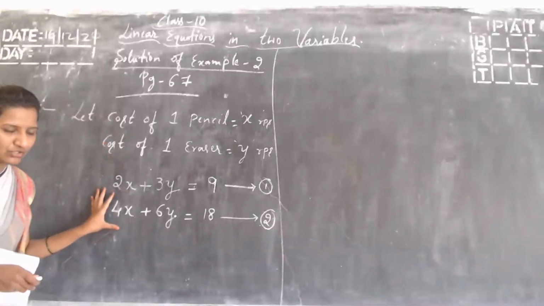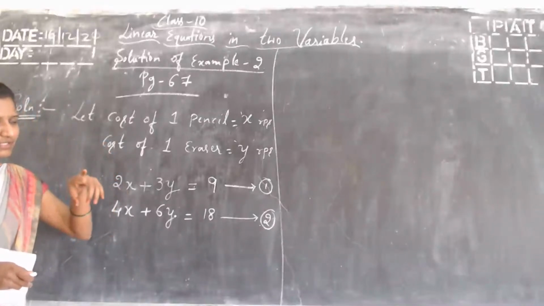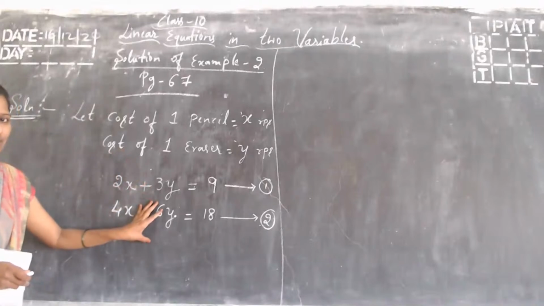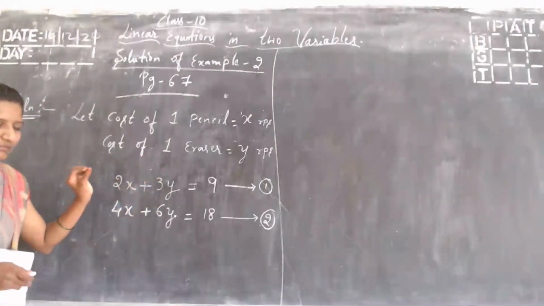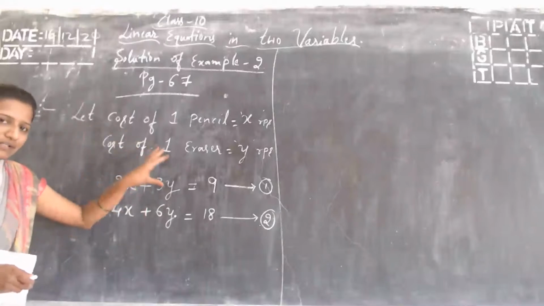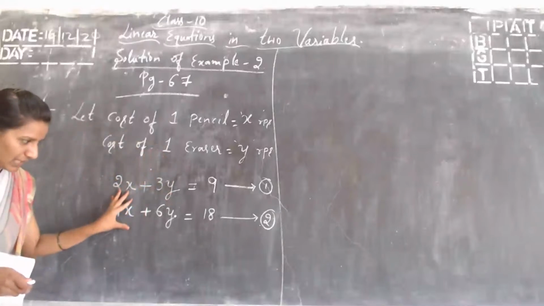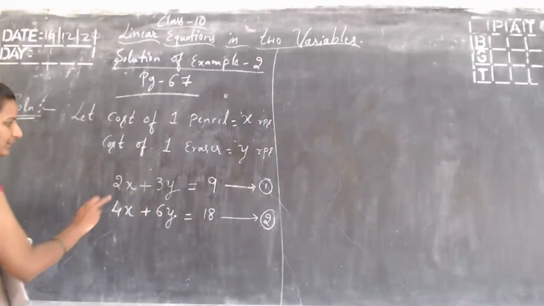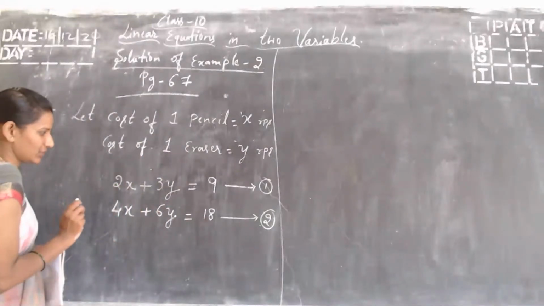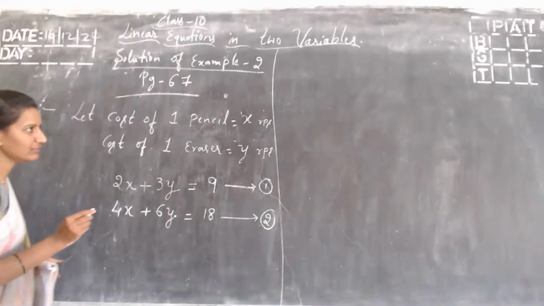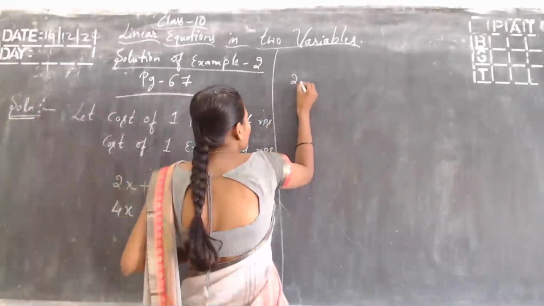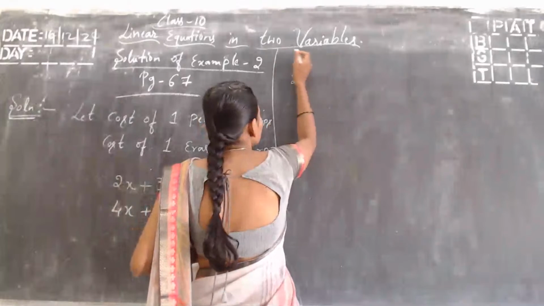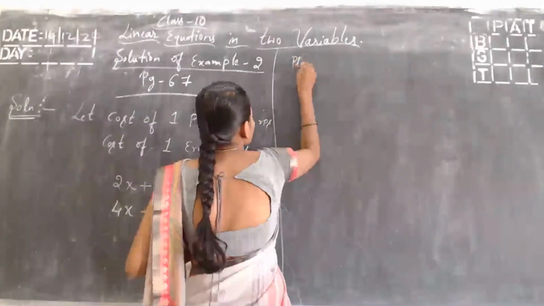In yesterday's class we discussed how to put values. Now we have to put some values for x and we will get y. Here also we have to put some values for x, and again we will get the y value. I will show you how it is. See here, what is the first equation? 2x plus 3y is equal to 9.